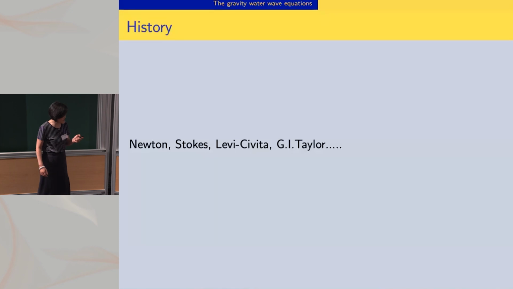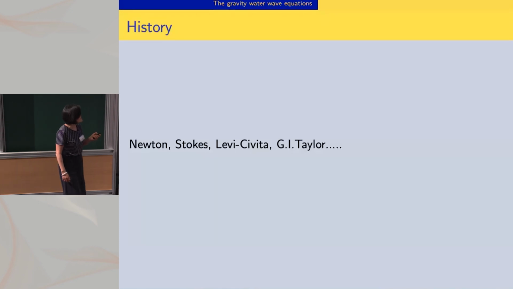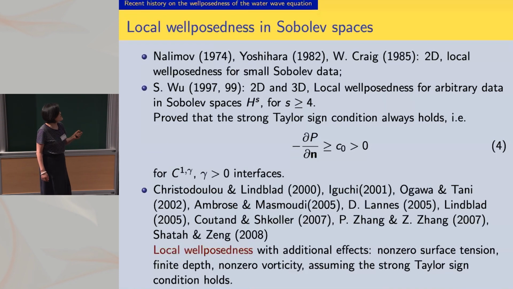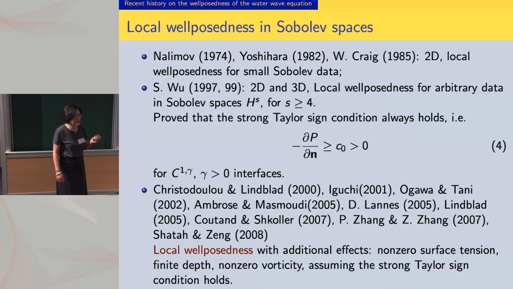So there is a long history to this problem, and really many people have studied it. Here I'm just going to review something very recent, a small aspect of it: the so-called local well-posedness, in particular in Sobolev spaces. The first work was given by Nalimov, and then Yoshihara and Wayne-Craig.